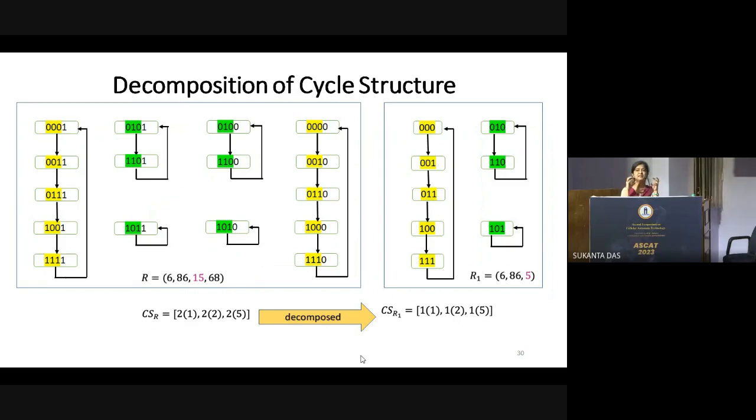If n is the size of the CA, it's not mandatory that n should be written as n1 plus n2. That can be written for strictly reducible CA. But for weakly reducible CA, there exists some n1 length CA whose cyclic space is contained in the cyclic space of n.